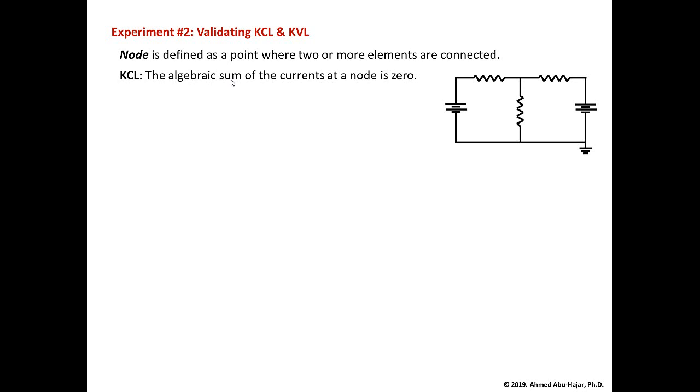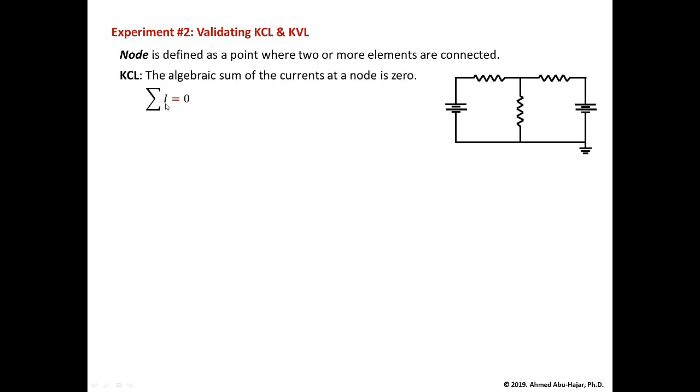So if the current entering the node is positive, then the current leaving the node is going to be negative, or vice versa. If the current leaving the node is positive, then the current entering the node is negative. You want to preserve the sign. Then when you sum the currents at a node algebraically, it should equal 0. So we can state that mathematically as the sum of the currents equals 0.